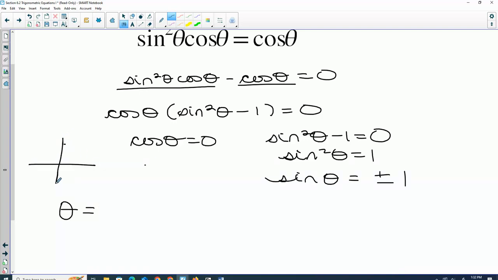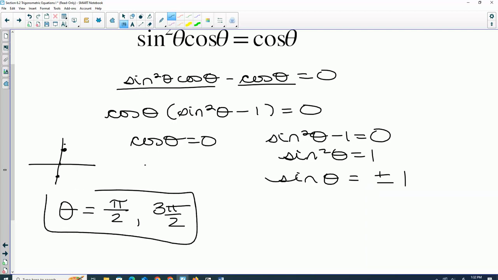Cosine is x. When is x 0? At pi over 2 and 3 pi over 2. We also need when sine is positive or negative 1. Sine is 1 at pi over 2 and it's negative 1 at 3 pi over 2. So it doesn't give us any other answers. Those are the only ones that work.